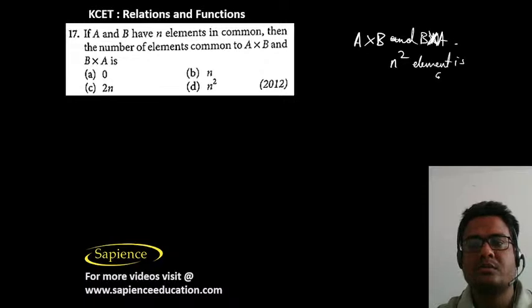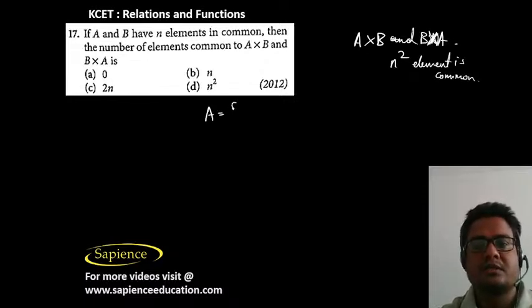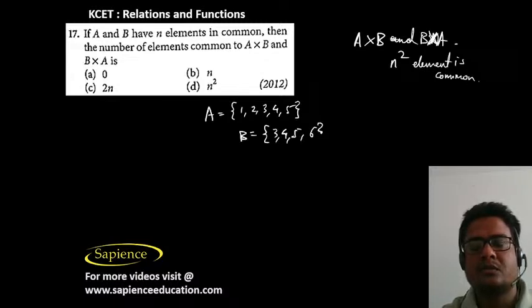Suppose you take the set A as 1, 2, 3, 4, 5, and the set B as 3, 4, 5, 6. So here A has 5 elements, B has 4 elements, and 3, 4, 5 are the 3 elements in common.